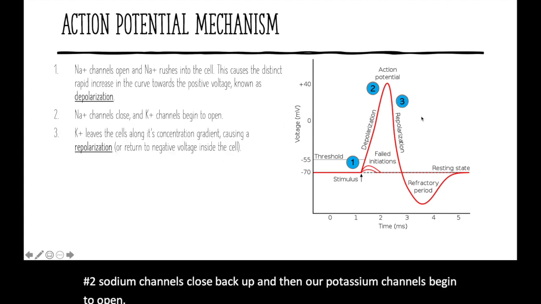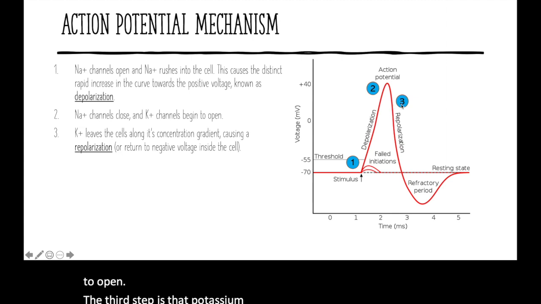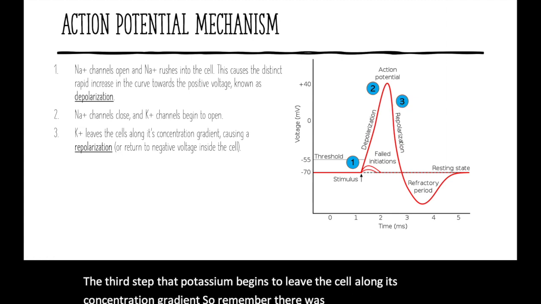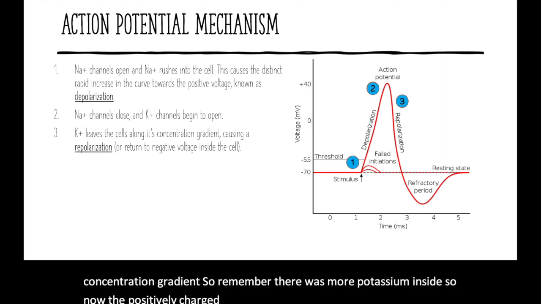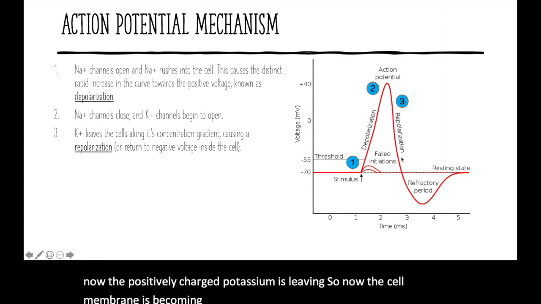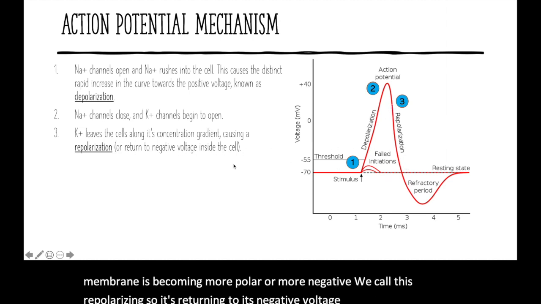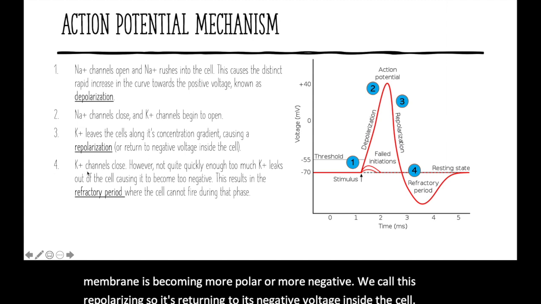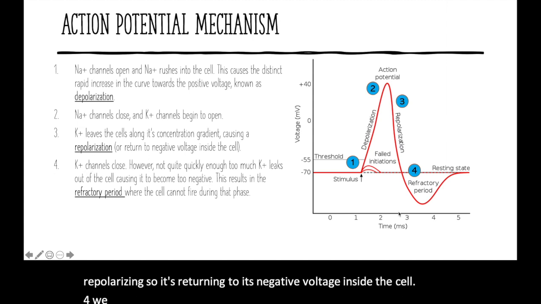The third step is that potassium begins to leave the cell along its concentration gradient. Remember, there was more potassium inside. So now the positively charged potassium is leaving, and the cell membrane is becoming more negative. We call this repolarizing. It's returning to its negative voltage inside the cell. Number 4, our potassium channels close, but with a bit of a lag. There's still a little bit of potassium that leaks out.